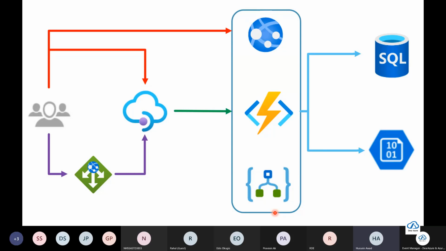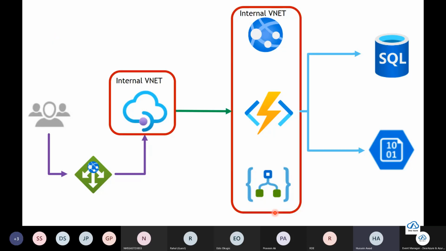We should be able to achieve this by placing these components in internal VNets. So one part is to have restricted access to these components by placing them in internal VNets. And you also need to apply different authentication and authorization mechanisms to these components, in addition to specifying access restriction policies, which is very, very important.